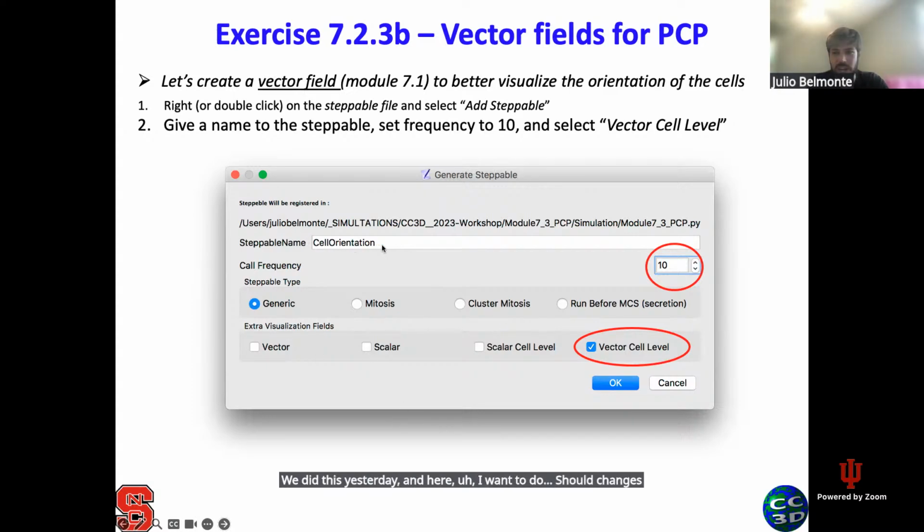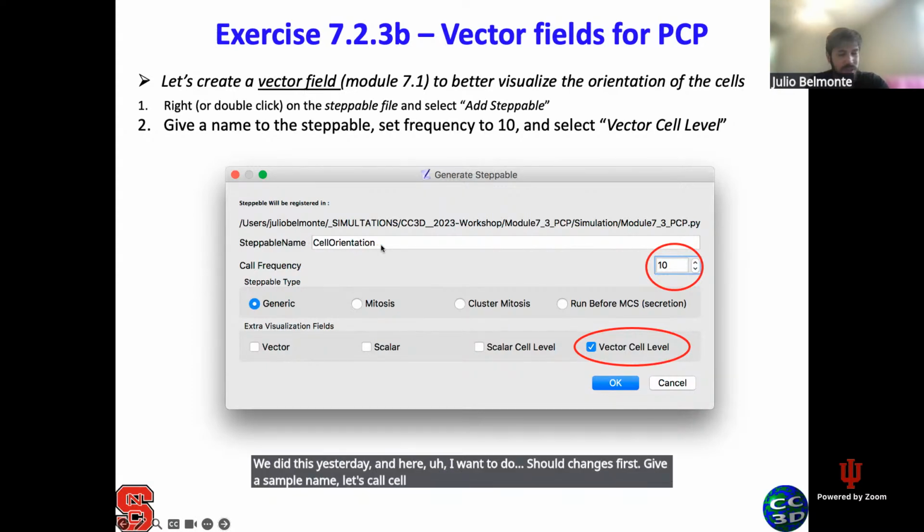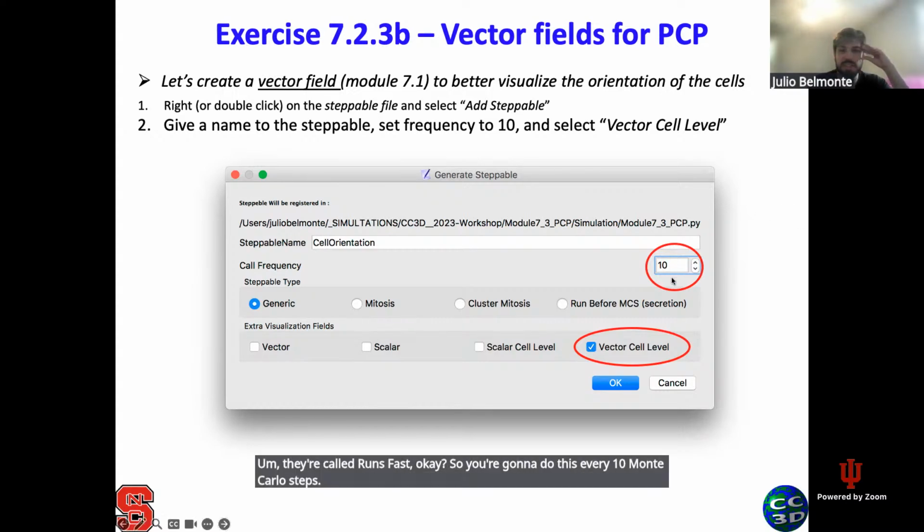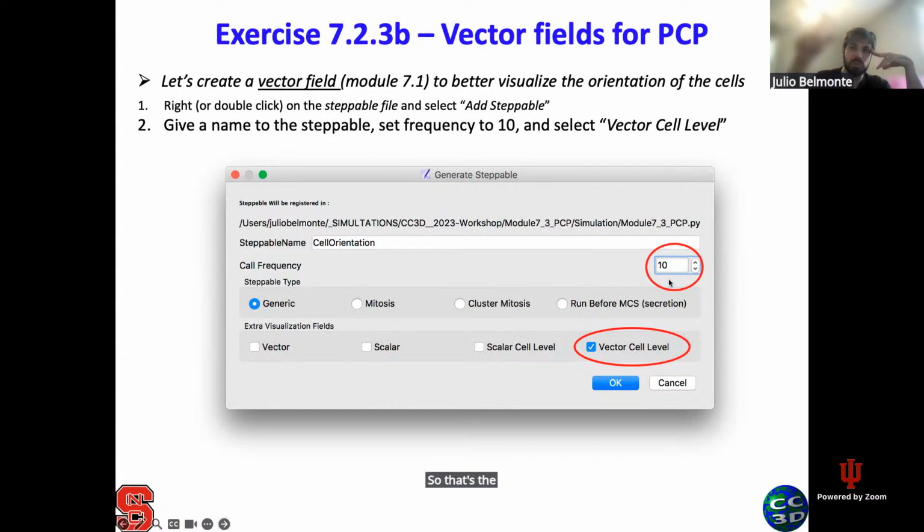First, give a steppable name, let's call it cell orientation, because it's going to be the orientation of each cell. Leave it generic. Select a frequency of 10, so your code runs fast, okay? So you're going to do this every 10 Monte Carlo steps. So that's the period at which you do this calculation, or the frequency.